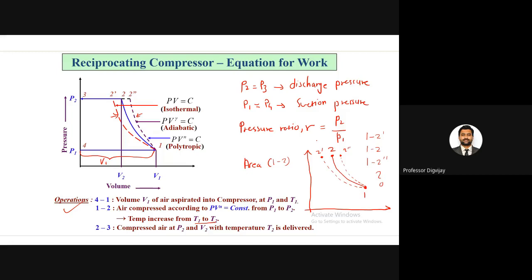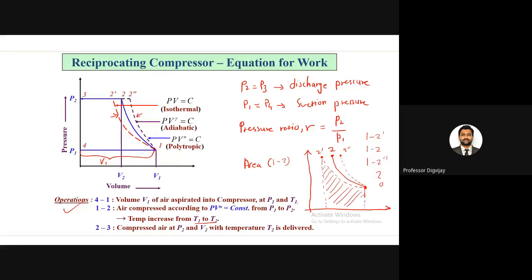Right, so I have some answers here. Let us see: 1 to 2 dash, 1 to 2 dash. Both answers say 1 to 2 dash. So that is correct, right? If I draw the area under 1 to 2 dash, it will be like this, and this will be the area.